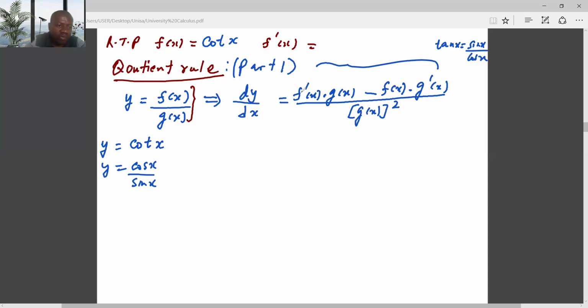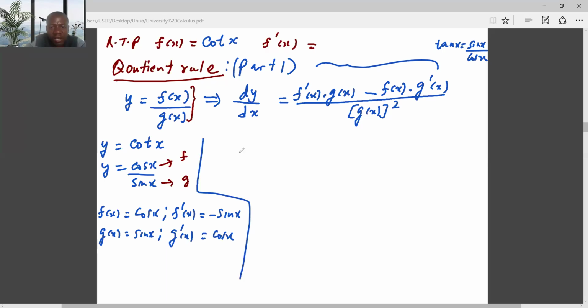Since we have a fraction, we'll call the numerator the f, the denominator the g, or we can use any alphabet. So what is the f here? The f is cos. And what is the g? The g is sine. Let's look at the derivatives. The derivative of cos, we know it's negative sine, and the derivative of sine is cos. We've seen that. So now let's do the substitution.